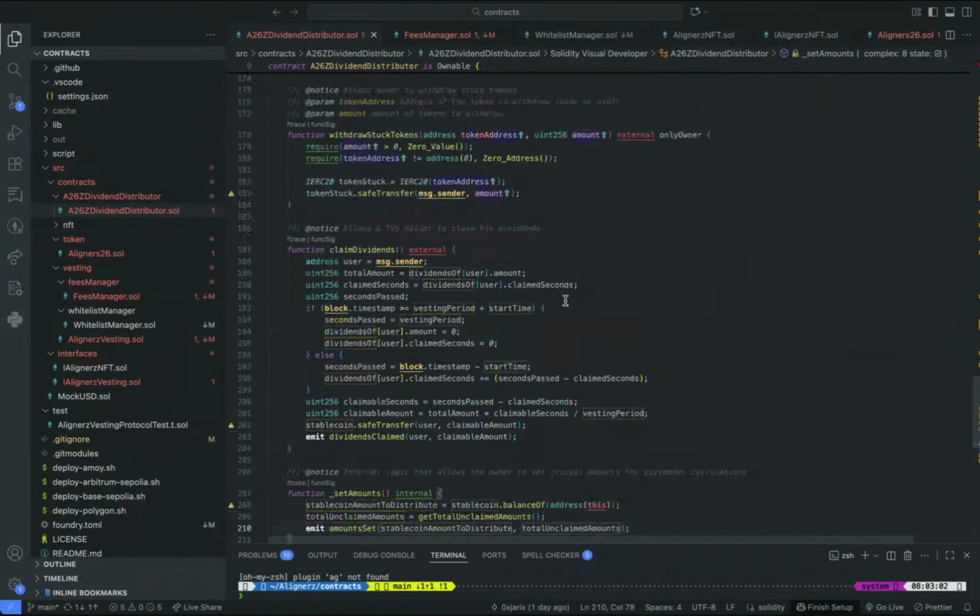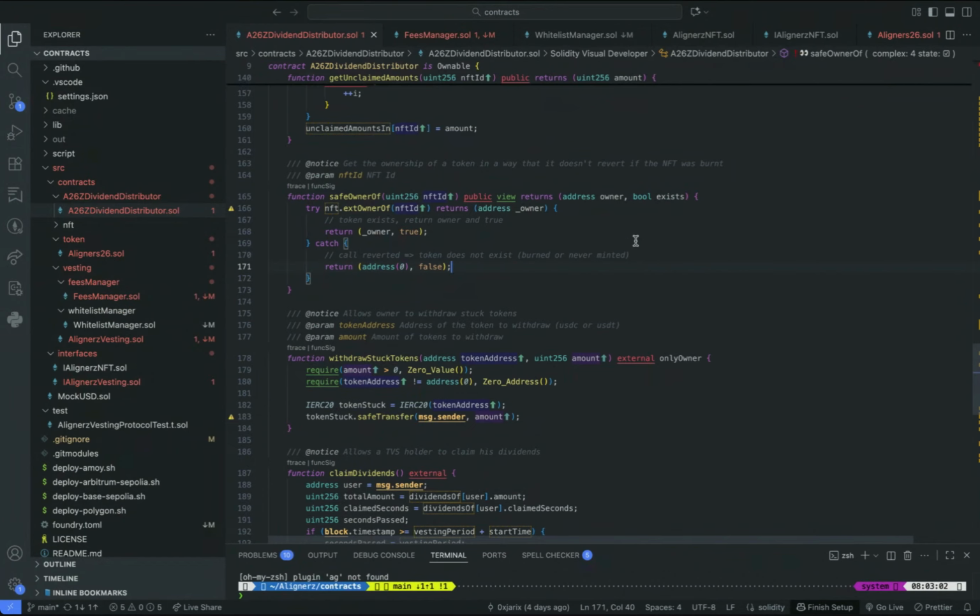So let's say a user has 3 TVS, and in all of them there are 3,000 Alignerz tokens that are unclaimed.